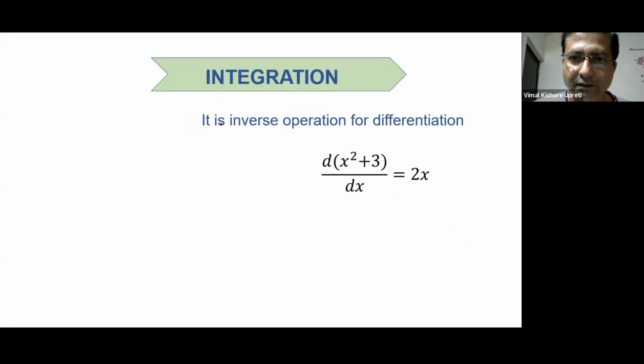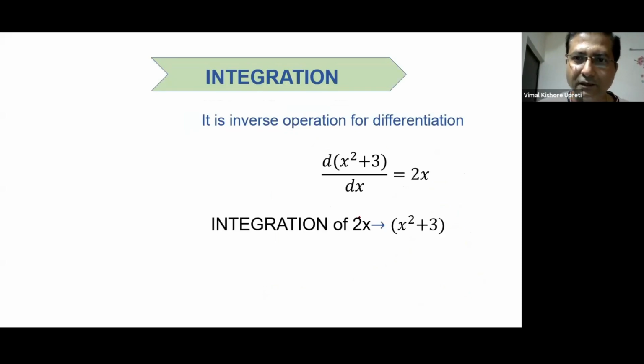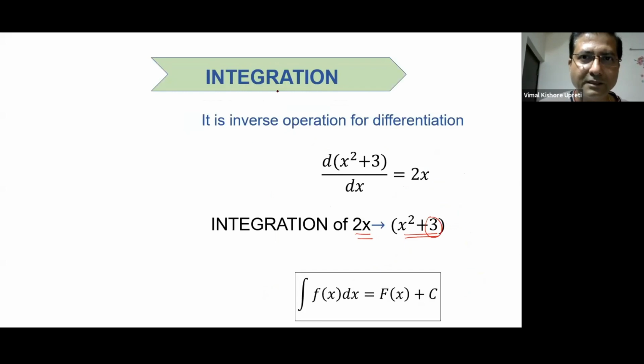Now let's get into integration. So it is an inverse operation of differentiation, right? So when we differentiate x square plus 3, we will get 2x, and when we integrate 2x, we must get this function, right? And what is the symbol of integration? I already told, this is the symbol of integration, with dx here.